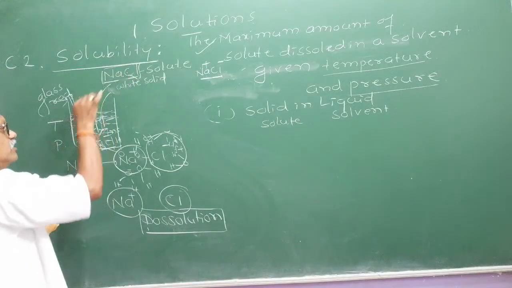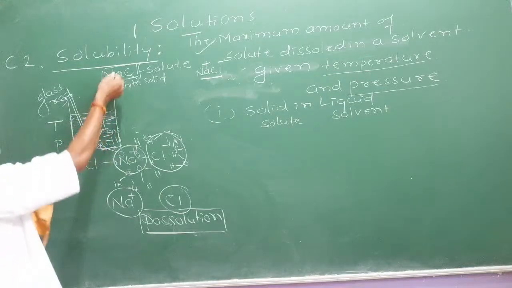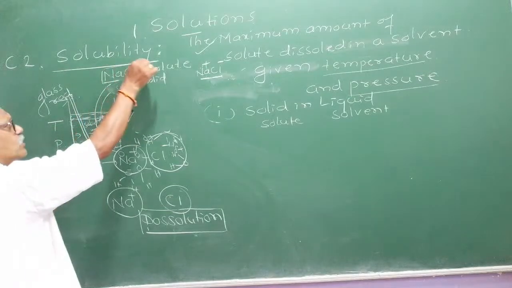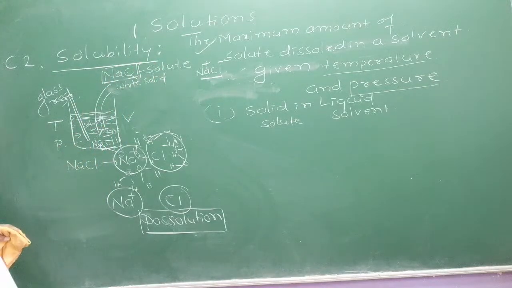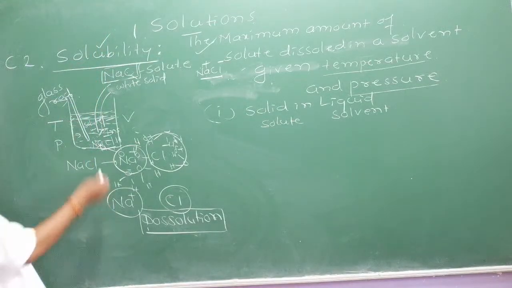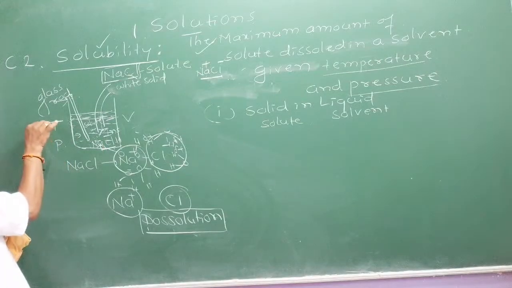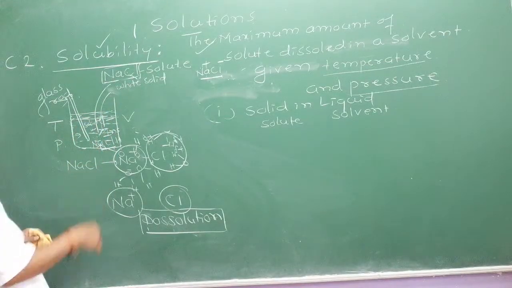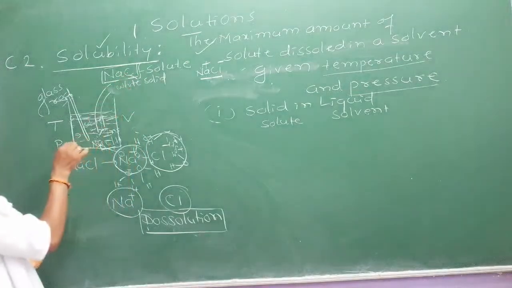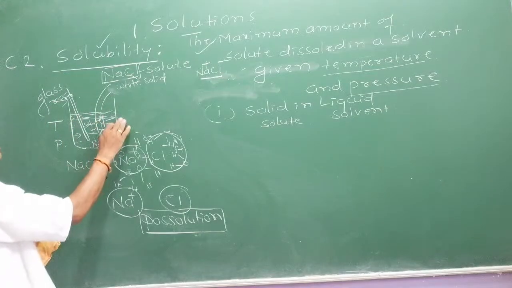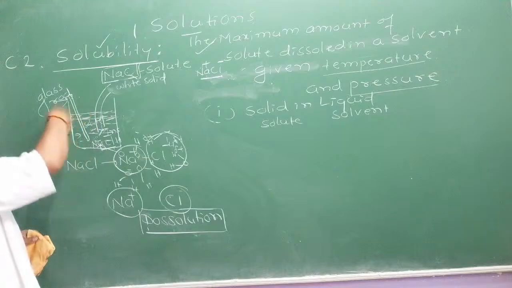Generally, a certain volume of solvent will have a capacity to dissolve solute in it, right? That capacity itself is called solubility. And this solubility depends on 2 factors, temperature and pressure. Now, as you go on dissolving more and more solute, you add 1 spoon of sodium chloride, shake it well, it dissolves.